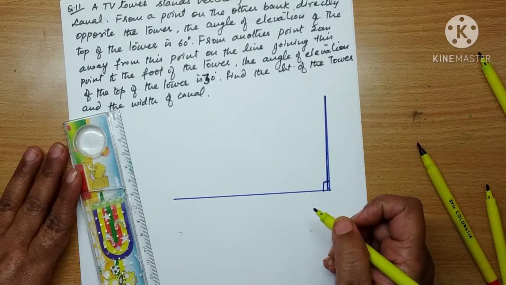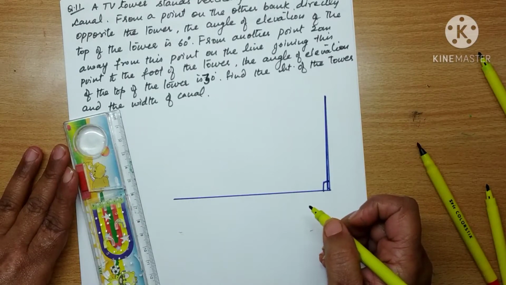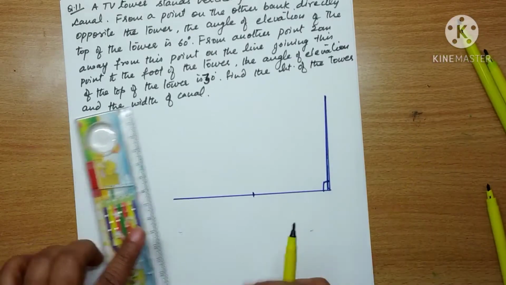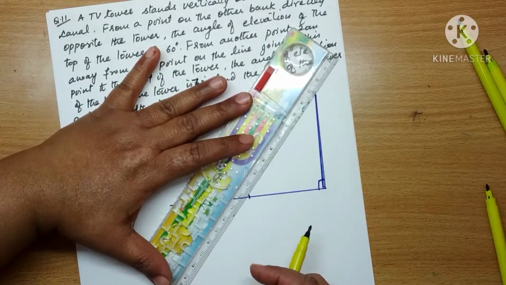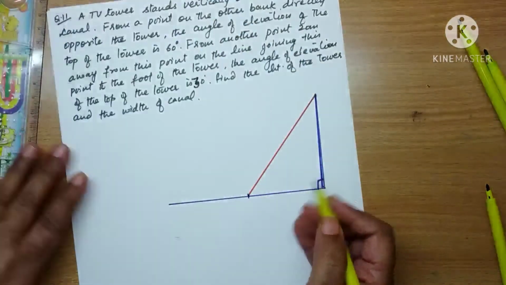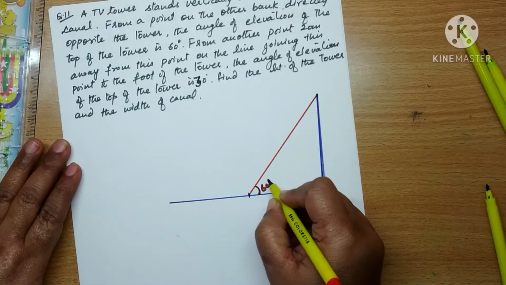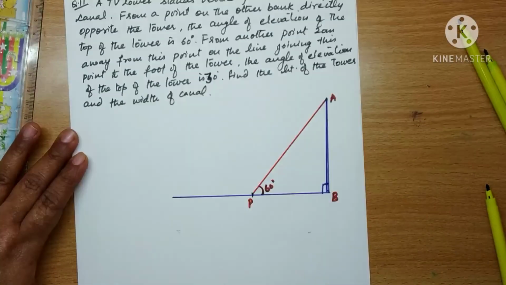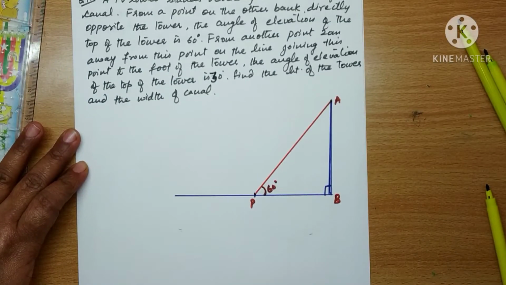Now he says the angle of elevation of the top of the tower is 60 degrees. Let's take the point P here. From this point, the angle of elevation to the top of the tower is 60 degrees. AB is my tower.